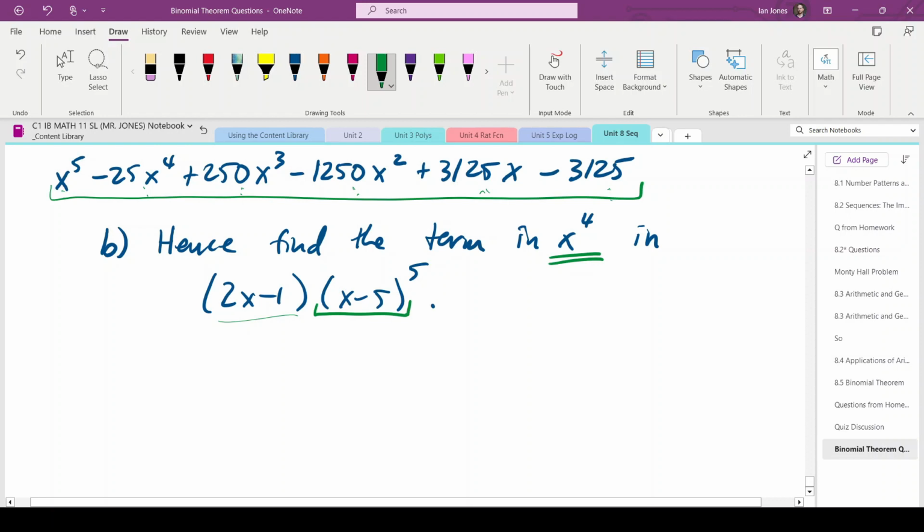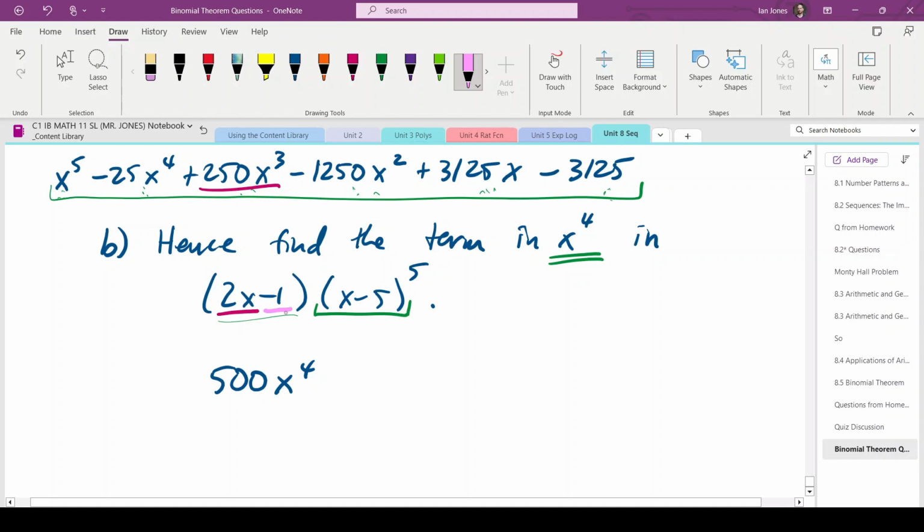So we have to think here. When we multiply each of these by 2x, which one will give a term x to the 4? Well, we have 2x. It would be this one here. When we multiply by 250x cubed, we'll get 500x to the 4. So that's part of this term x to the 4. When else are we going to get an x to the 4?